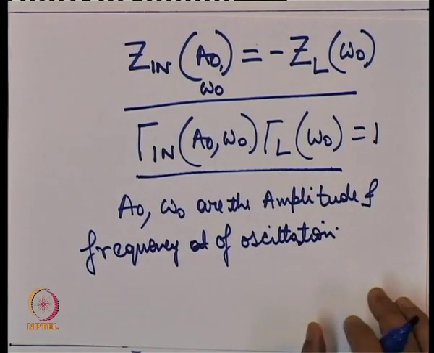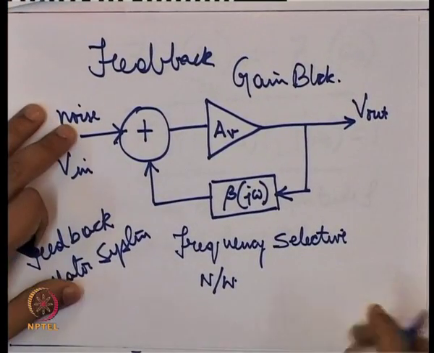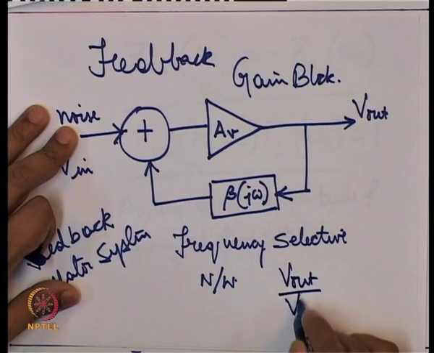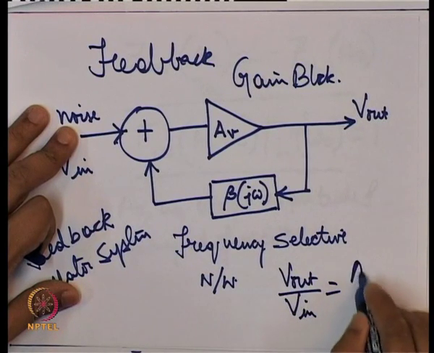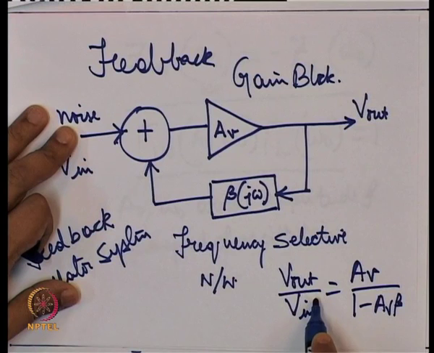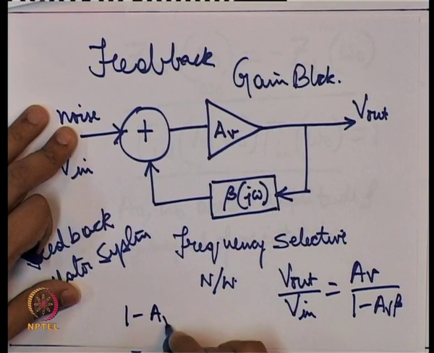Now, proceeding from the model that I had drawn previously, you know that V out over V in can also be written as AV upon 1 minus AV beta. Now, for V out to be produced even when V in is 0, we should have 1 minus AV beta equal to 0.